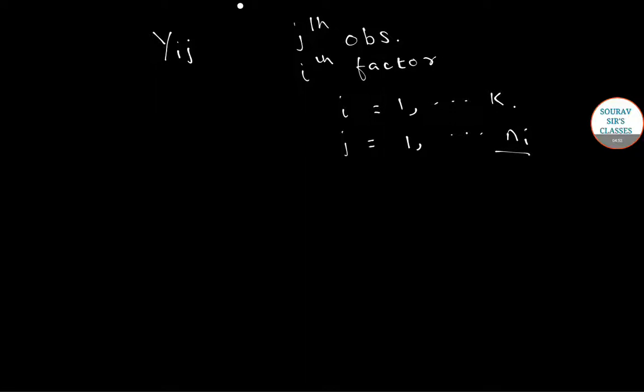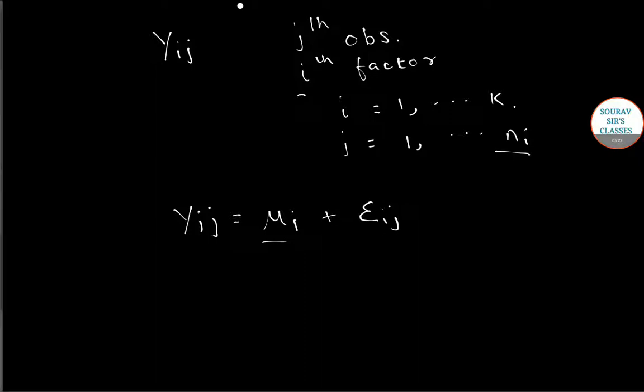Here ni is the sample size corresponding to the ith factor. The model used to describe the observation Yij can be written as Yij is equal to μi plus Eij, where μi is the mean associated with the ith factor and Eij is the random error component.